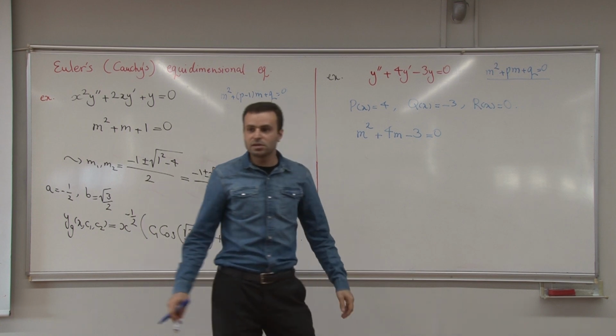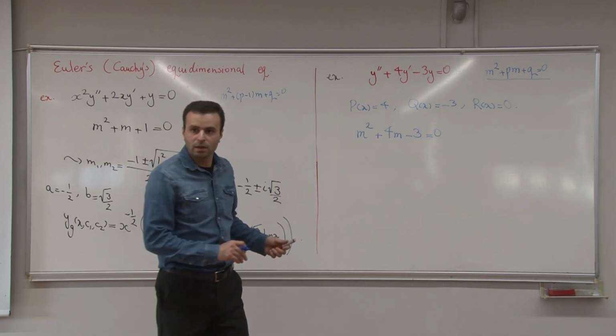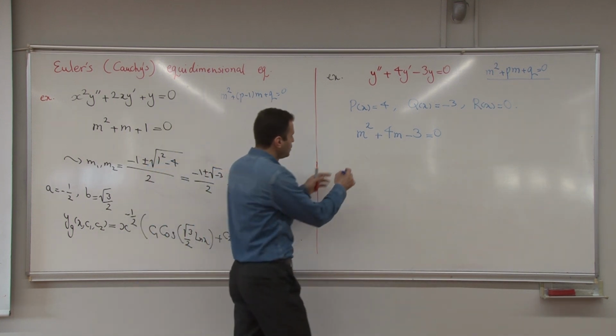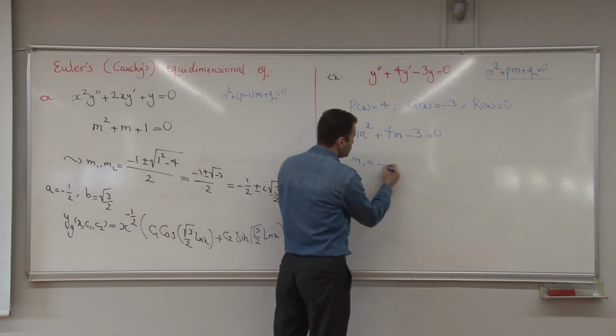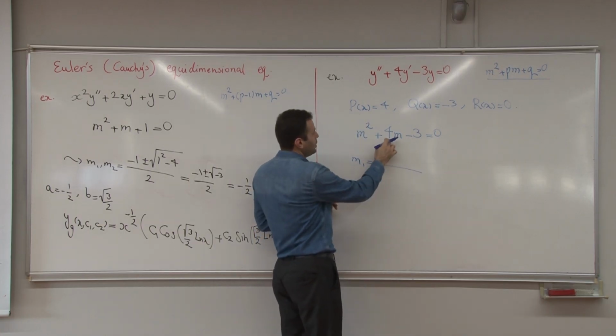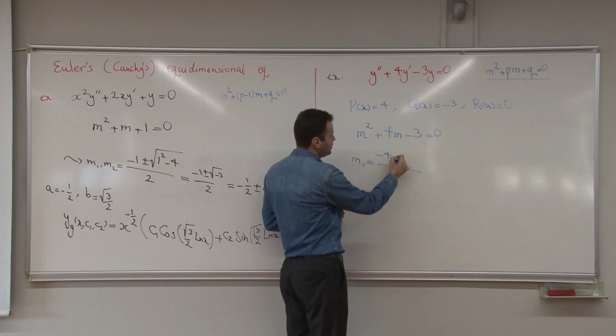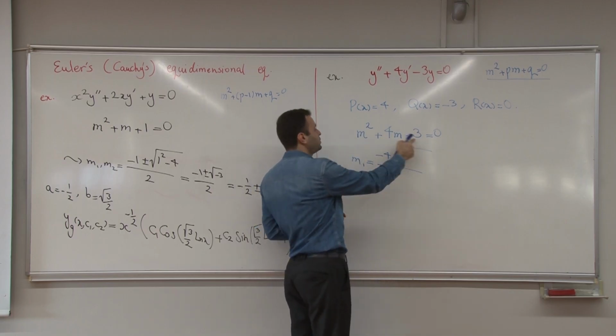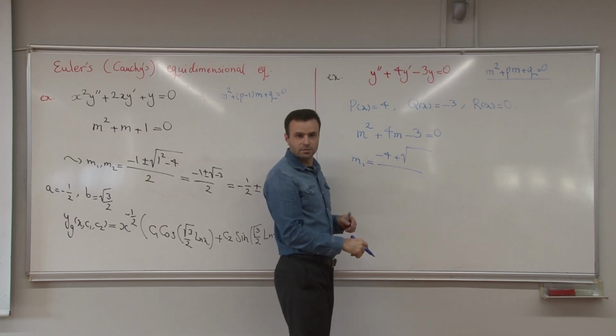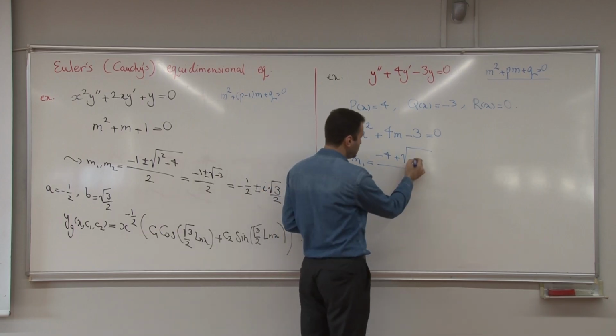What are the roots of these? Two roots. Minus 4 plus square root of... Okay, let's do it together. m1 is equal to minus 4 plus the square root of 16 plus 12, which is 28, right?